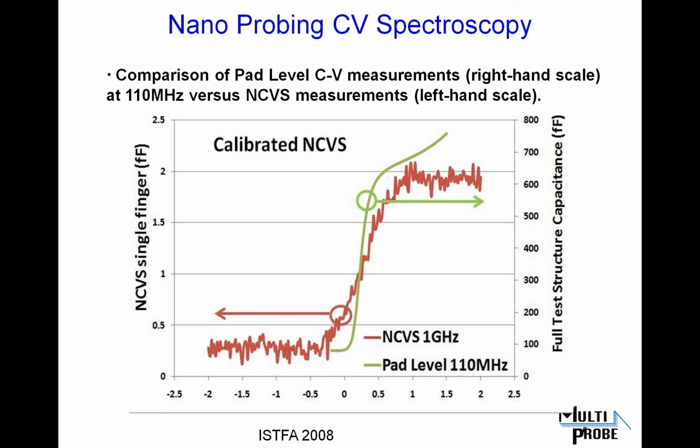So the point behind this is that we've shown that the transitions are roughly the same, and that you can, at the very least, calibrate down to the overall transition size. It's, like I said, 2 femtofarads versus 600 femtofarads at the expense of a little bit of noise.